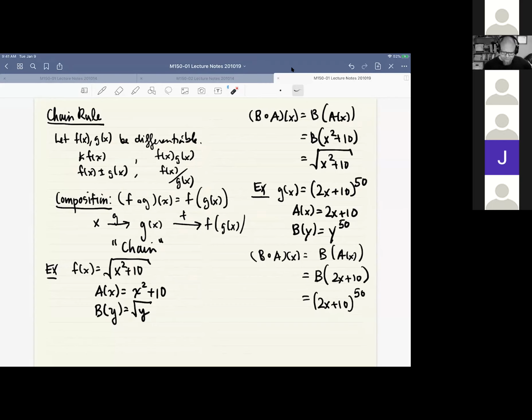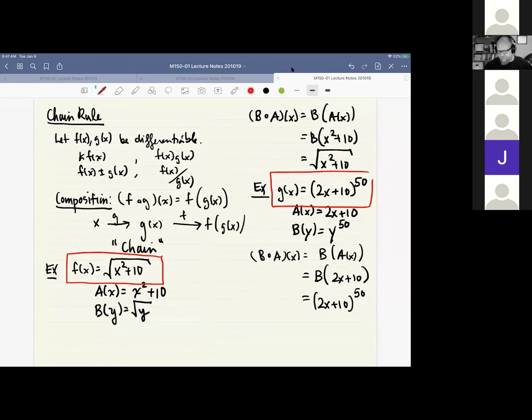But let me go back and be very clear about what I'm trying to tell you here. I'm not giving anybody a differentiation formula yet. I'm not telling anybody what the chain rule is yet. What I'm trying to draw your attention to is that these are two examples of functions that aren't unusual.